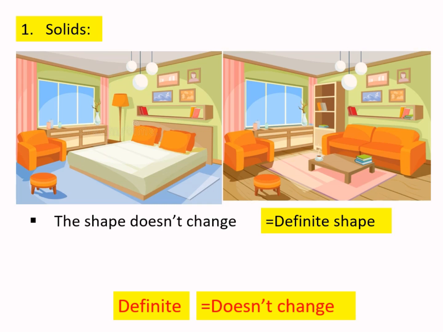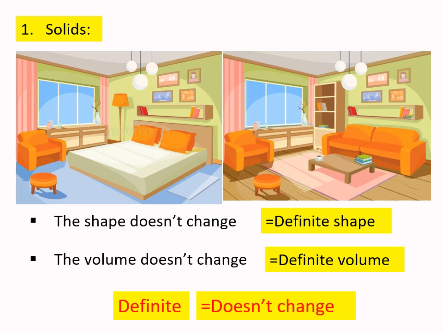Now, let's take a look at its volume or its size. When I moved it from one room to another, did the volume of the chair change? Did it become smaller or bigger? Also, the answer is no. The volume doesn't change, which also means that it has a definite volume.